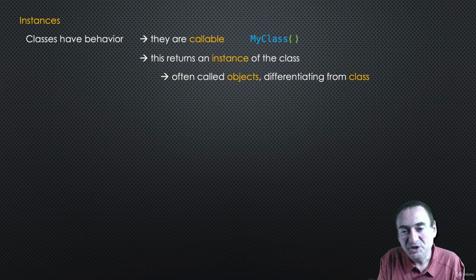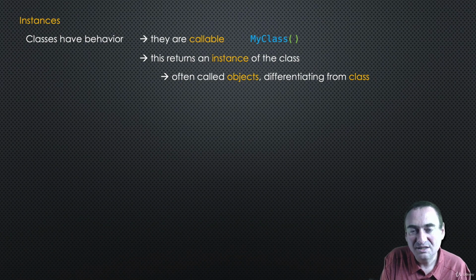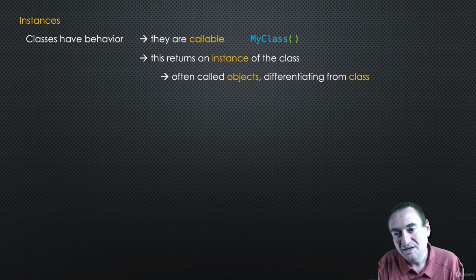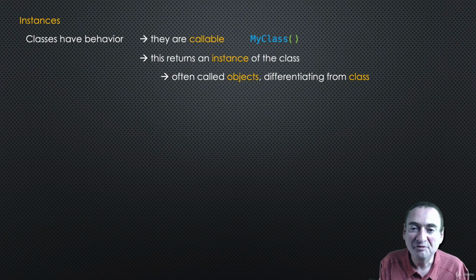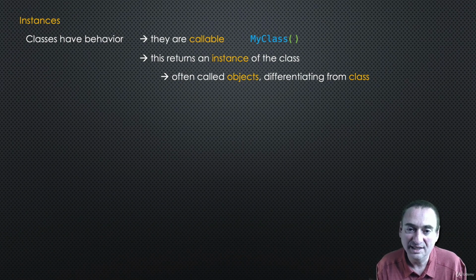So very often we try and differentiate between the instance objects and the class by calling them objects versus class. You'll see that sometimes in other programming languages, especially in Java. I will try and stick to that as well, but I often don't because my class is just an object as well. But we have to keep track of instances of the class versus the class definition, the class object itself. Okay?